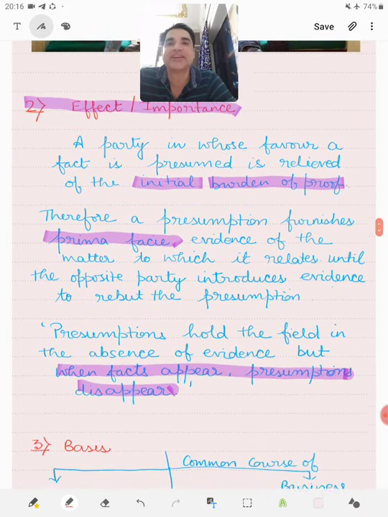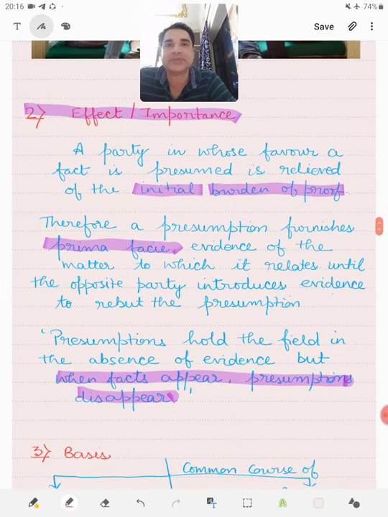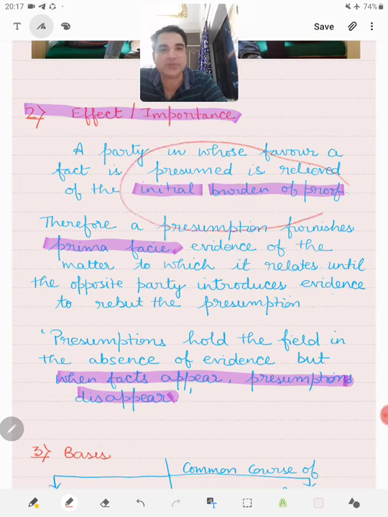Now, what is the effect or importance of the term presumption being taken? The effect is that it shifts the initial burden of proof.